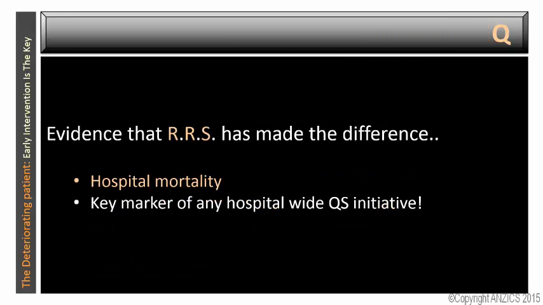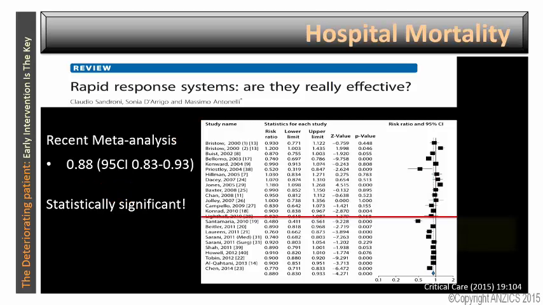So what about hospital mortality? Hospital mortality is considered a key marker of any hospital-wide safety quality initiative. Contrary to the early meta-analysis, which showed there was not much drop in hospital mortality, the recent two meta-analyses show a significant drop in hospital mortality.